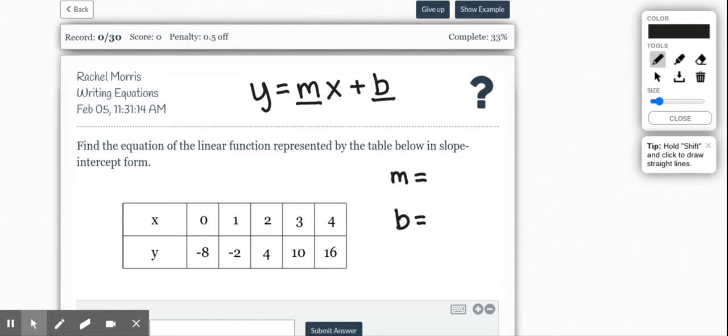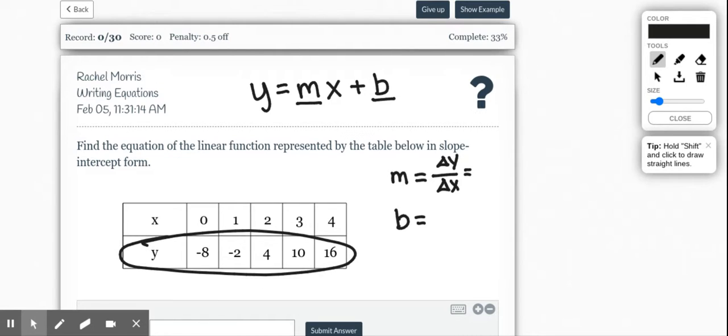Okay, so our m, our slope, remember that's the change in y over the change in x. So we've got to look at our change in y, so we're going to look at our y values. So those are our y values.